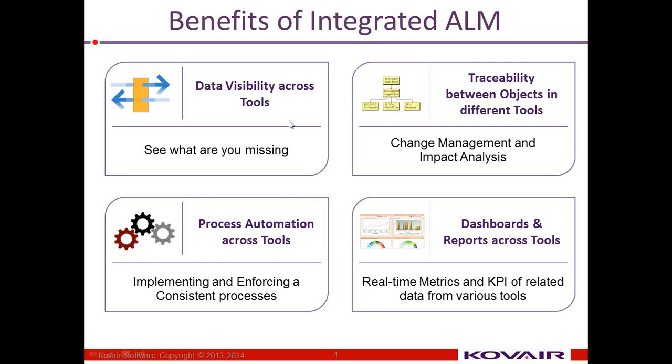Next point would be traceability between objects in different tools. So we all know that it's easy to have traceability between objects maintained in the same tool. But when it comes across different tools from multi-vendors, it is difficult to have traceability between these objects.